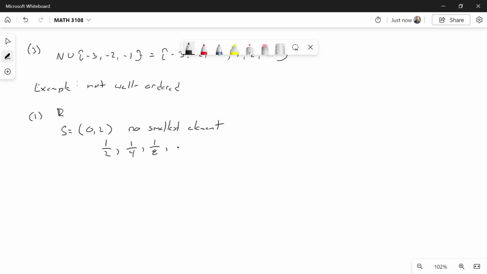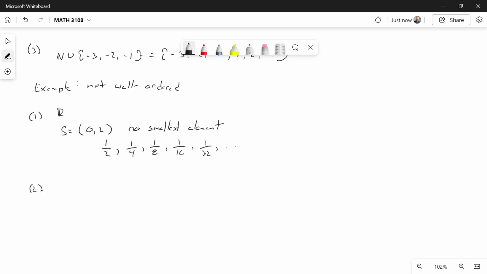And I keep going, 1/16, 1/32, and you get the idea from here. We can keep going and going and going. And as long as we have an infinite amount of decimal places, we're never going to end up with the smallest number because we can always get smaller and smaller and smaller. So this doesn't work for specifically this reason here. This is a set that doesn't have a smallest element.